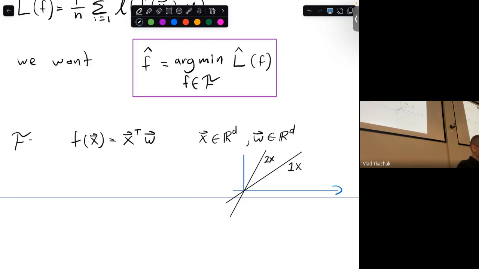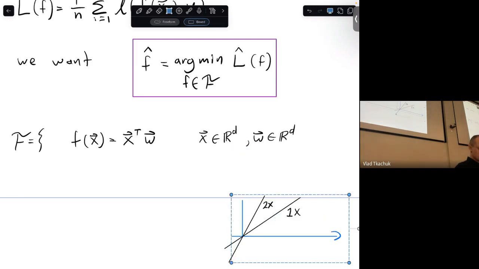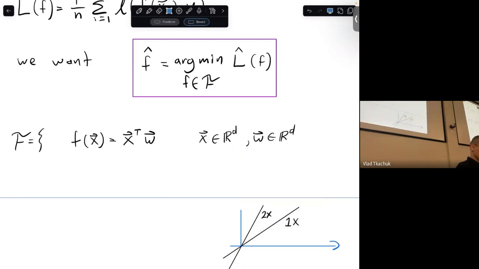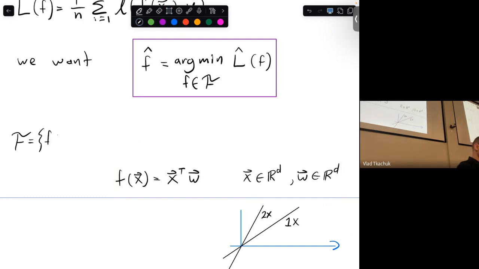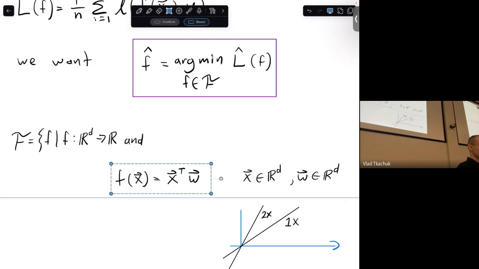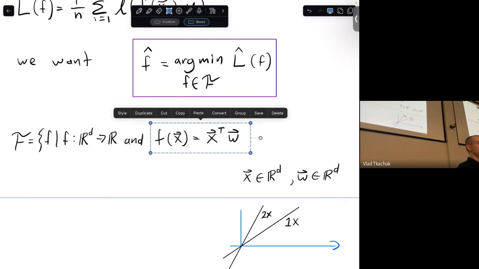The function class is now going to be equal to the set of functions such that the functions map from R^d to R. You've seen this in your assignments, and now hopefully you're seeing why this was important. Now we're going to get into defining function classes.